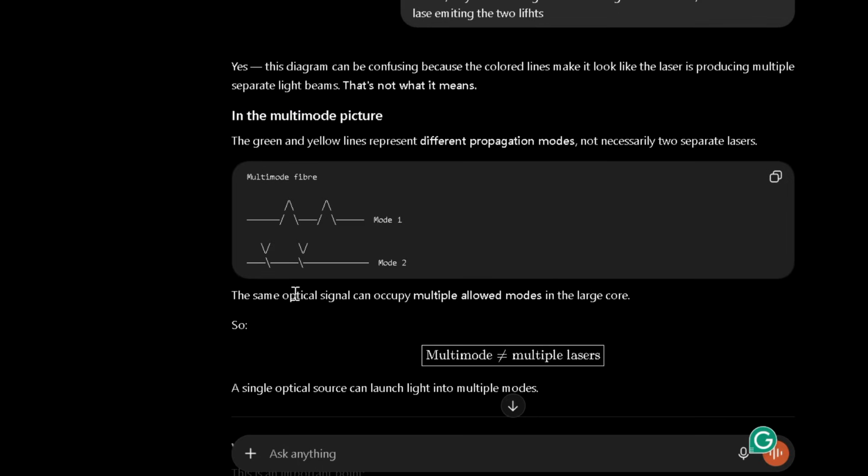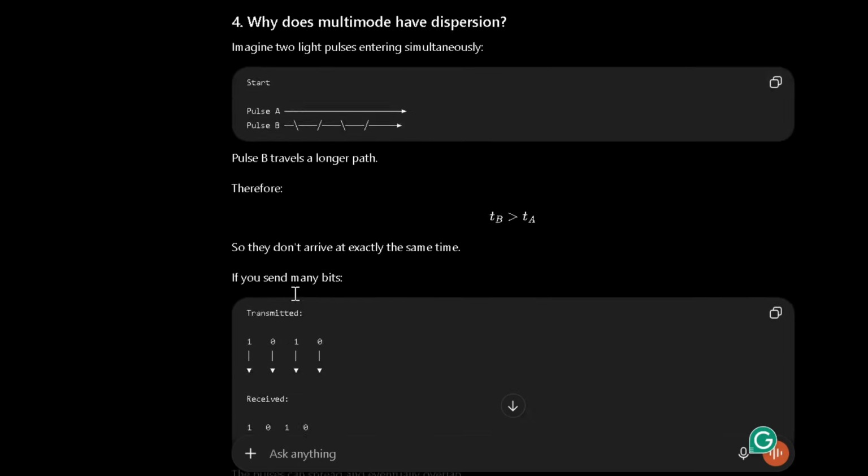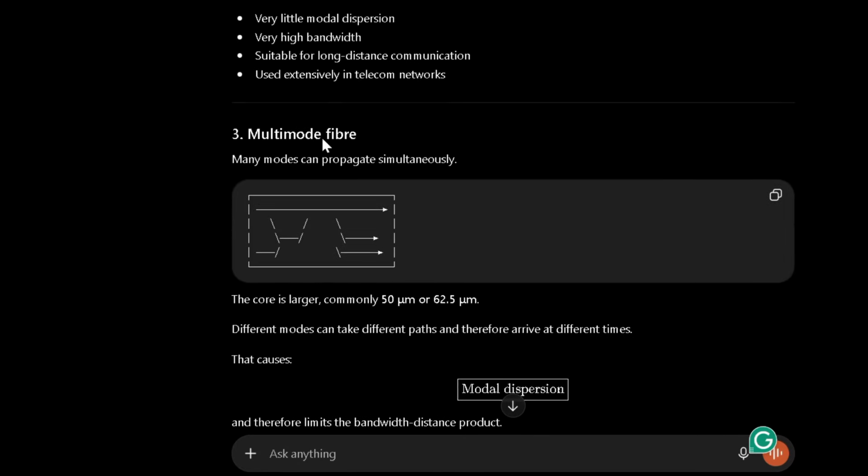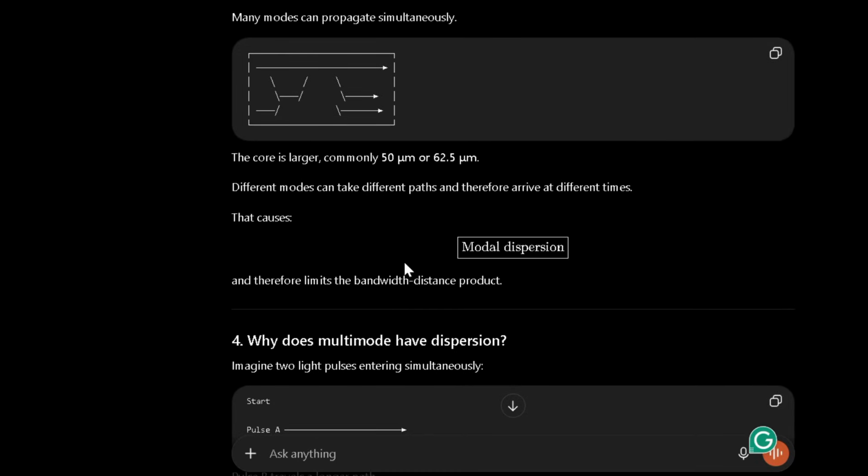Let's go to the topic here. So that's the difference between multimode fiber and modal dispersion. The core is larger, commonly 50 or 62.5 micrometers, so different modes can propagate. The dispersion means light takes different modes from the same input laser beam and therefore arrives at different times.